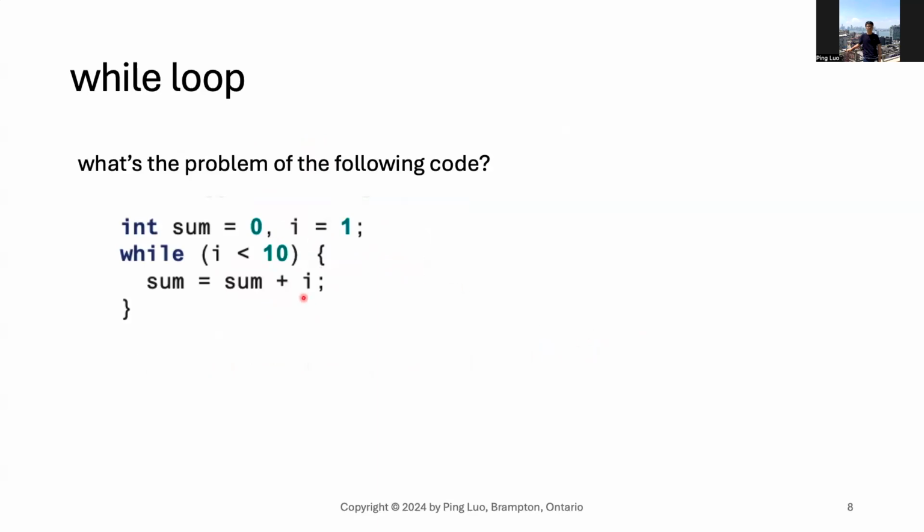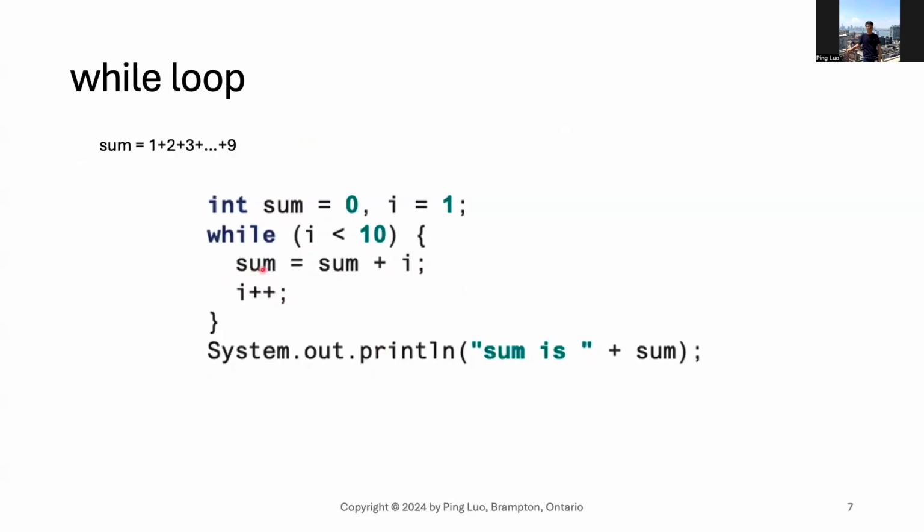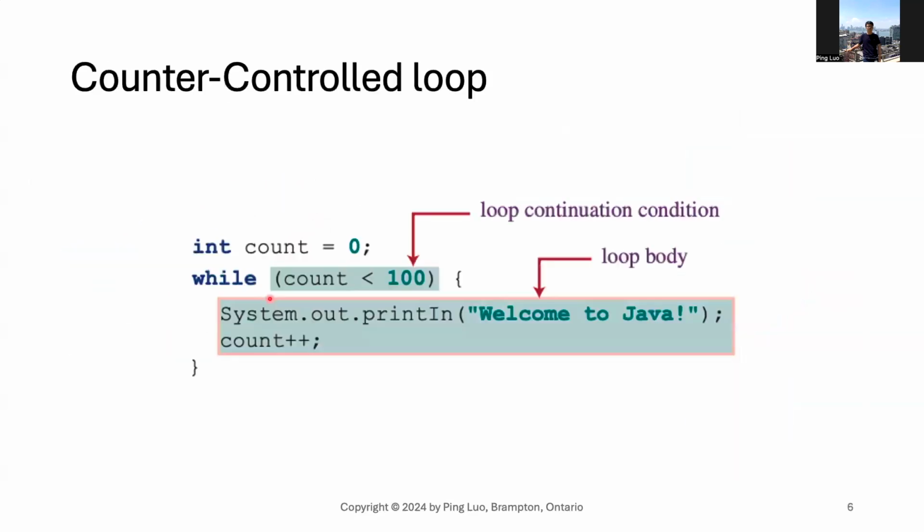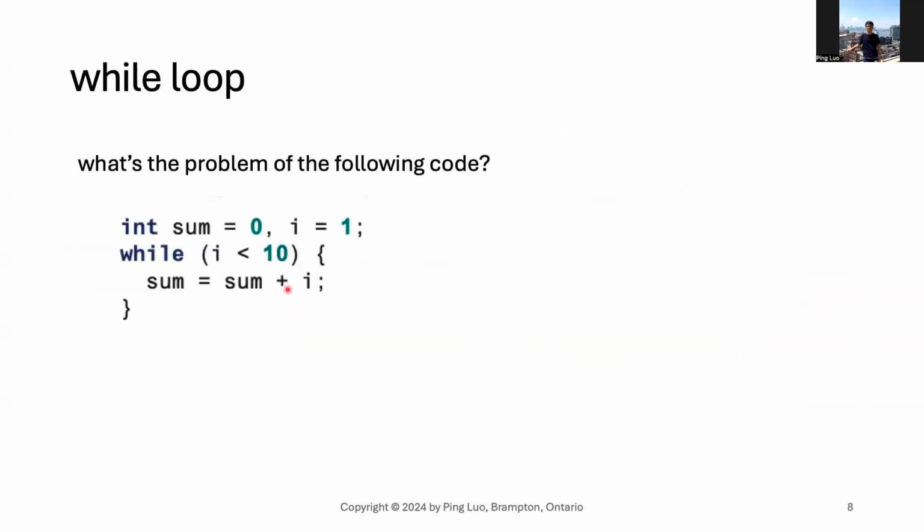If I revise this piece of code, I just remove this i++ and make it this program. Is it correct? It's not correct, right? Because at the beginning i equals 1, and i is less than 10, and i is added to sum, but i doesn't change in this whole process.